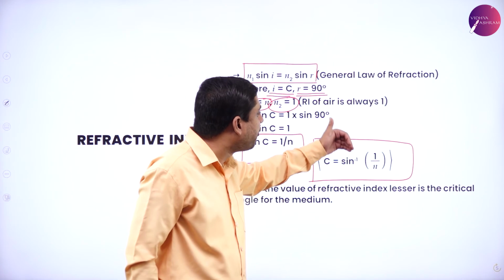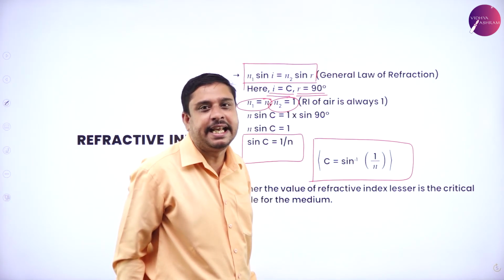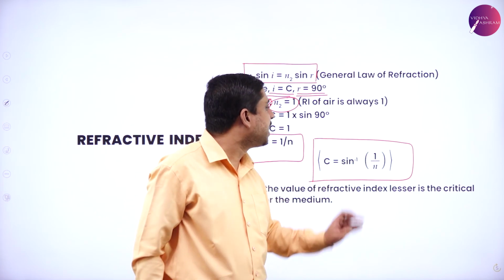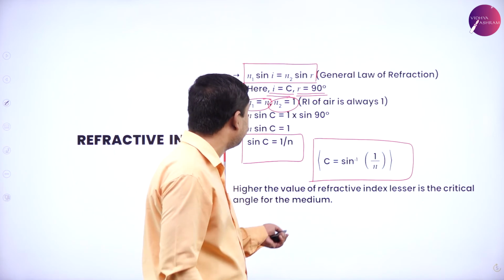As the value of N goes on increasing, C goes on decreasing. So C equals sin inverse 1 by N.